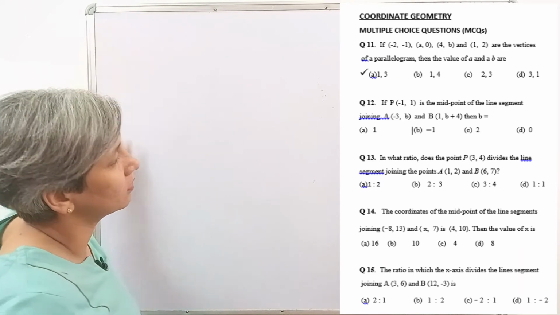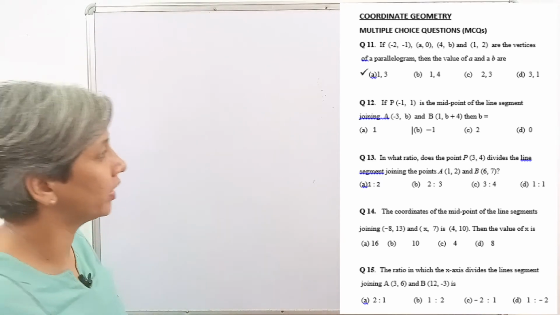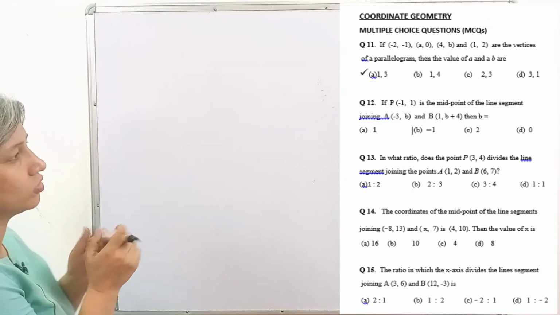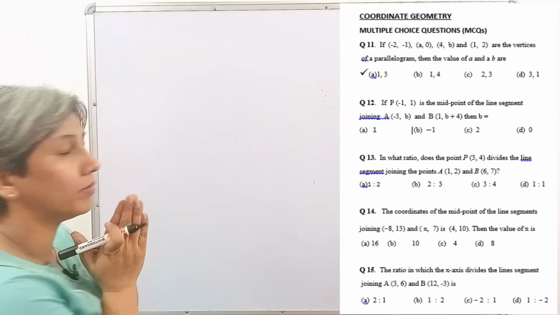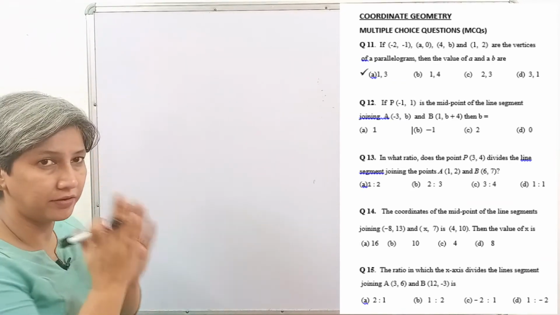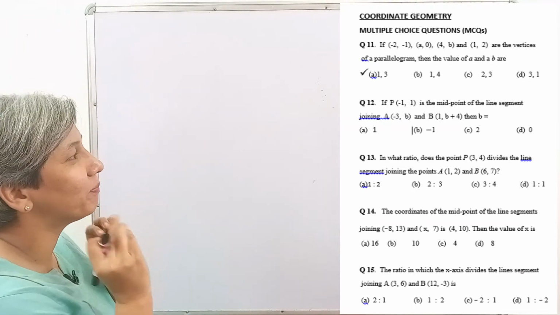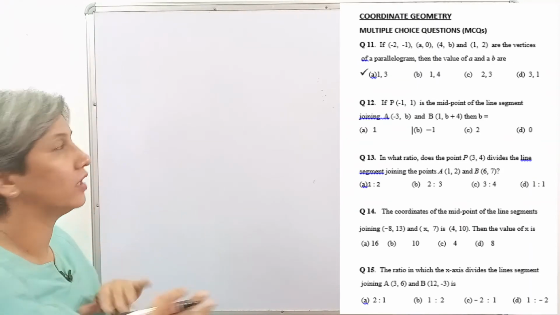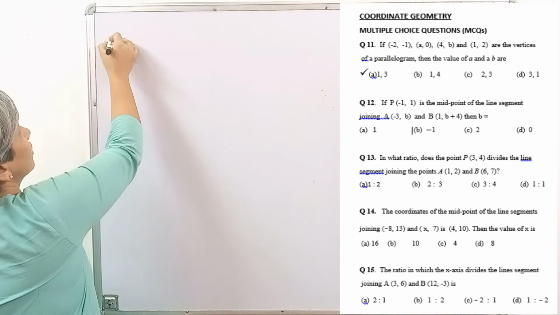Question number 12 says if P(minus 1, 1) is the midpoint of the line segment joining A and B, then b is, okay, I'll read it again more clearly. If P(minus 1, 1) is the midpoint of the line segment joining A and B, okay, so this is our question number 12.